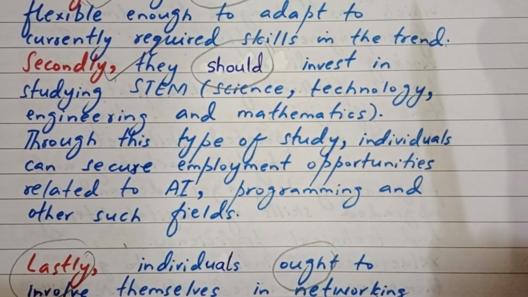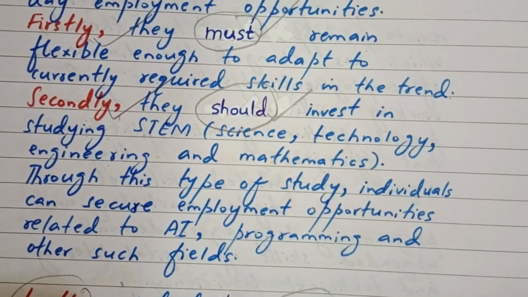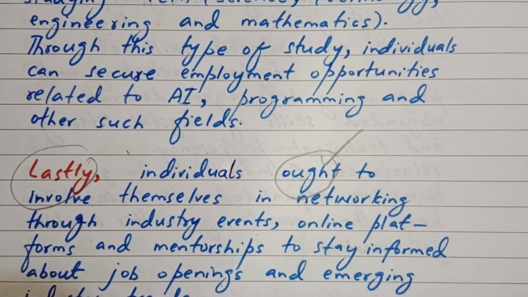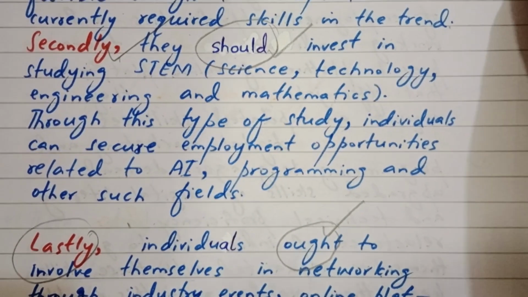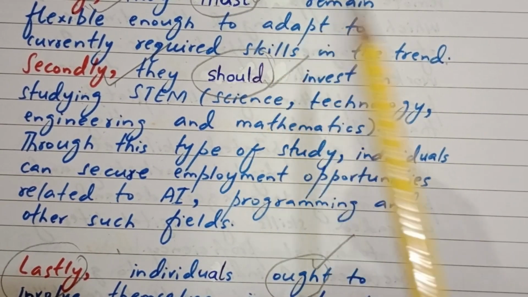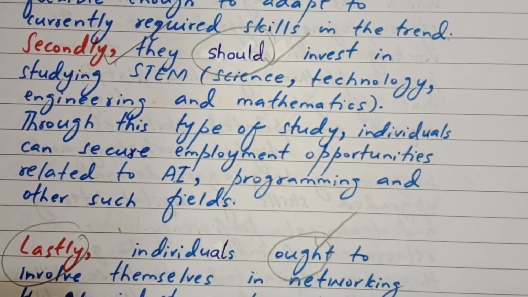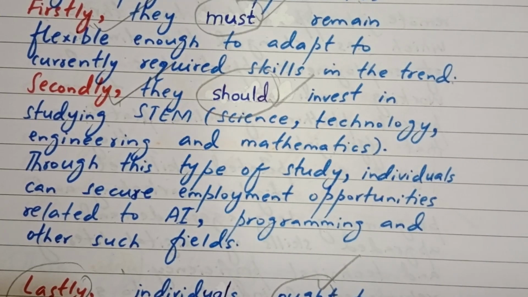So must is 100%, should is 70%, and ought is less than 50%. So prioritize your strategies like this. You have to use must with the first one, should with the second one, and ought with the last one. These are small things, but the examiners note them and then they assign you the bands.